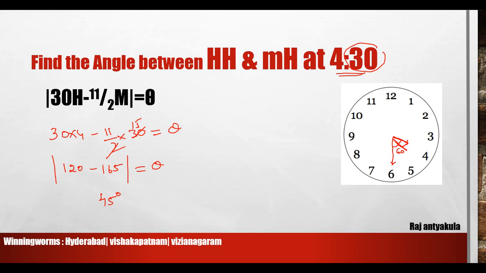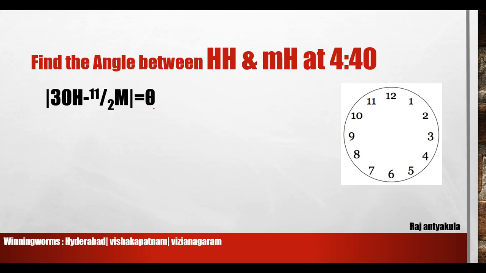The hour hand position will be between 4 and 5. For every minute, the hour hand will cover half a degree. In 30 minutes, the hour hand will cover how many degrees? 15 degrees. So 60 minus 15, which equals 45. Either you can go with this formula method or this logical method.